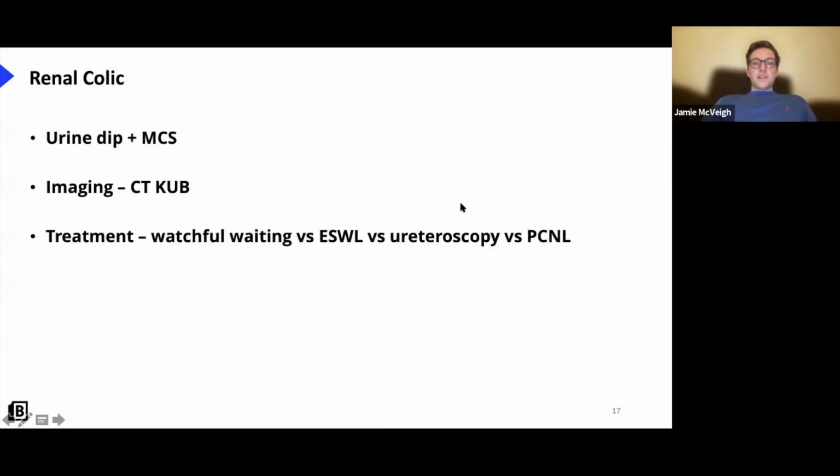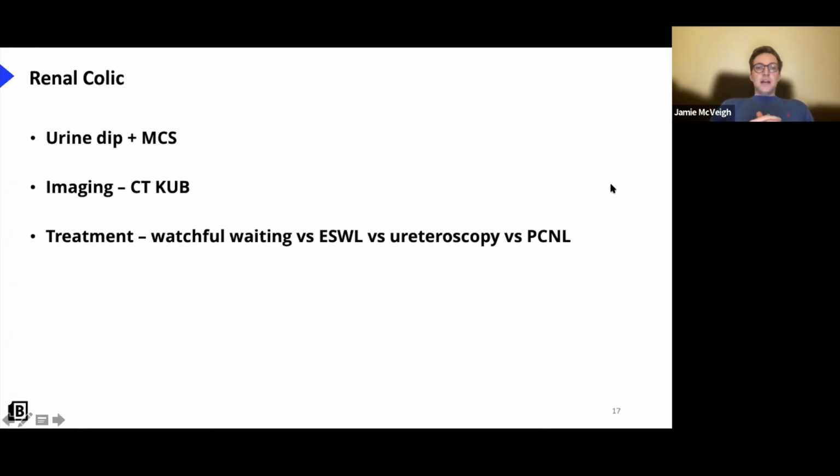So you also want to do a urine dip just to check there's hematuria in there. That's very good. Or have a look at it, obviously. And send an MCS off, because often stones patients will need antibiotics, particularly if they've got some hydronephrosis, because basically stagnant urine can lead to a buildup of bacteria, and it can cause sepsis quite commonly.